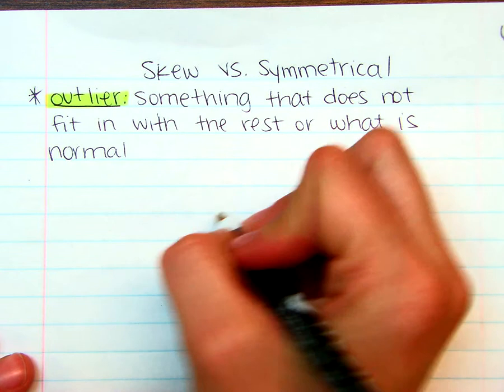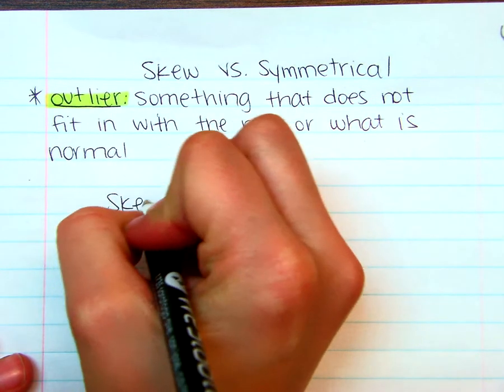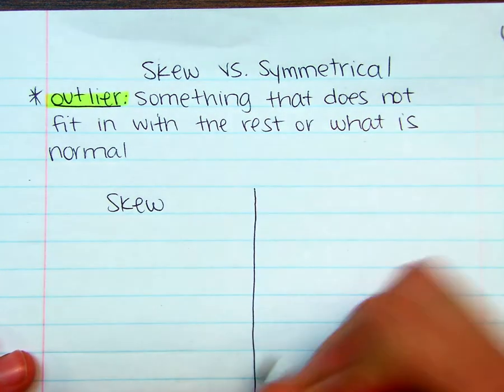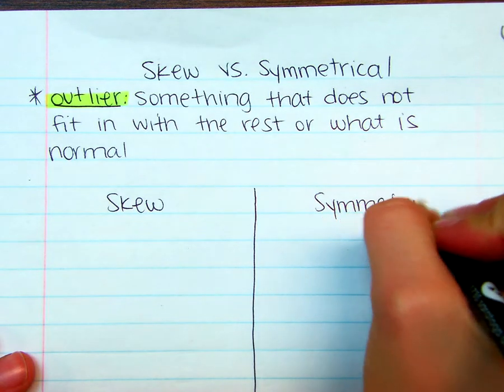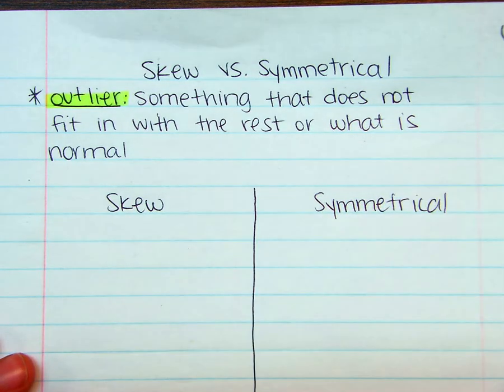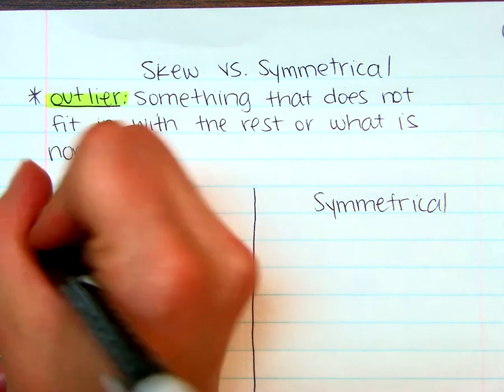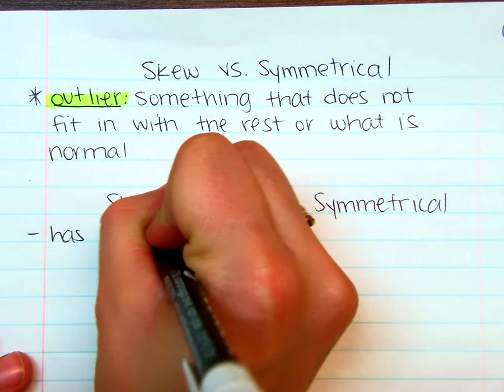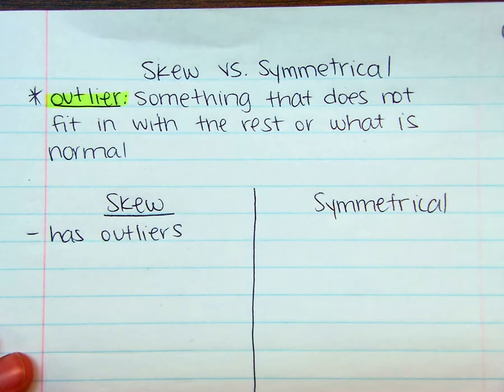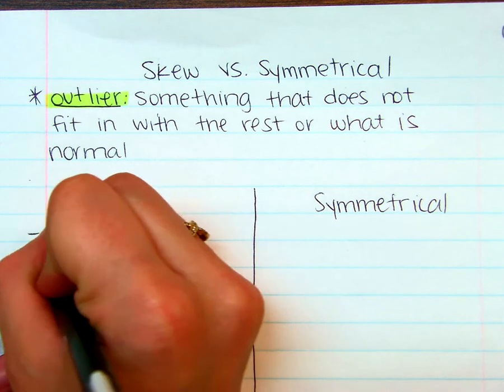Now, we're going to go ahead and talk about skew versus symmetrical. Skew has outliers, and it has a tail.